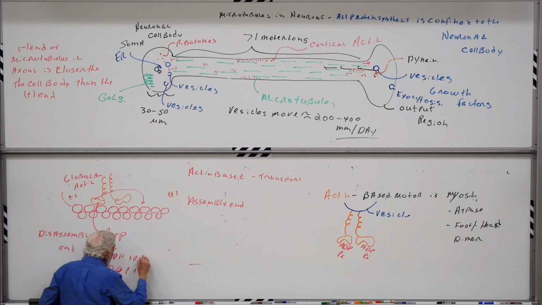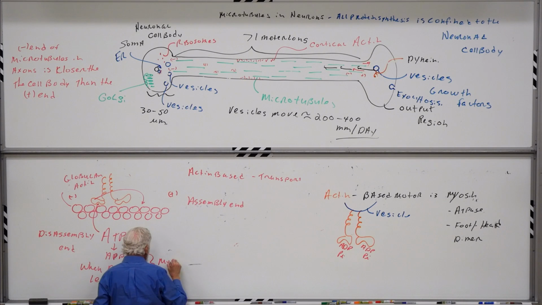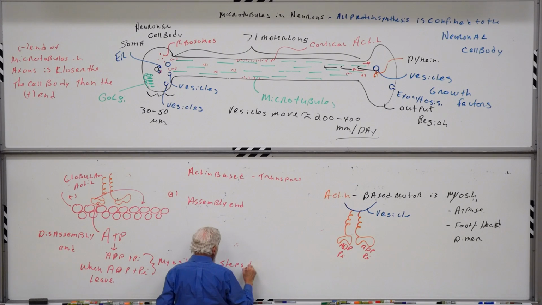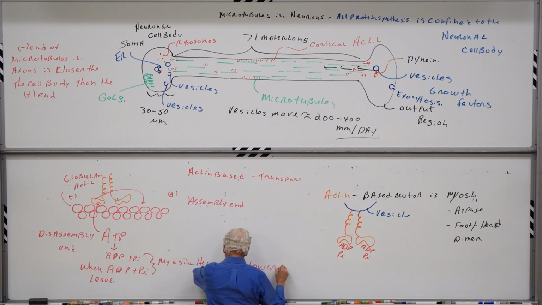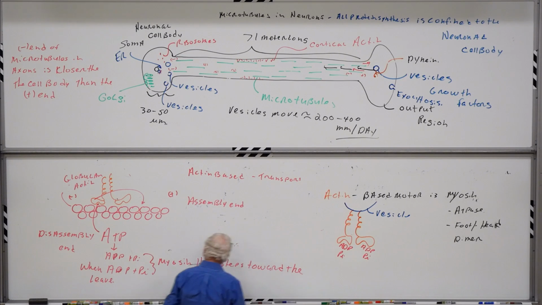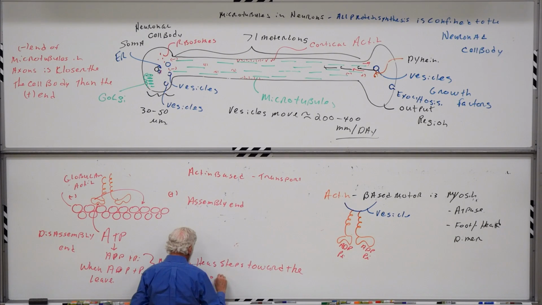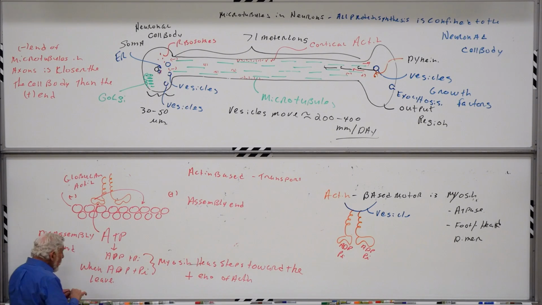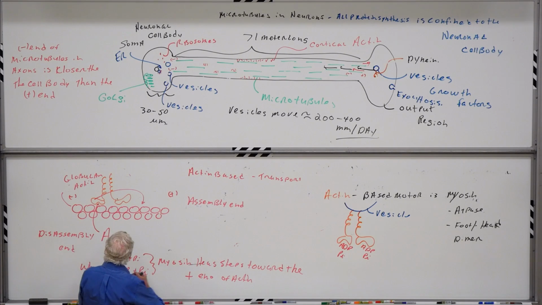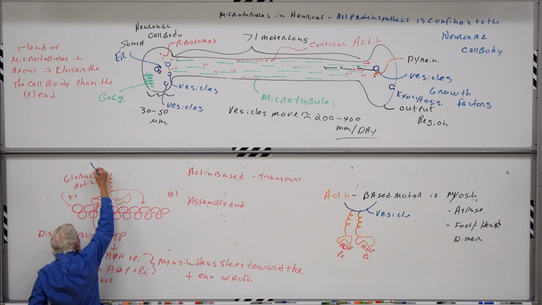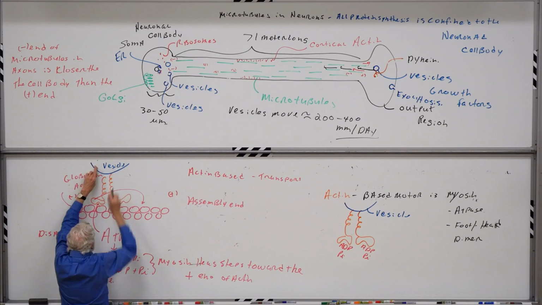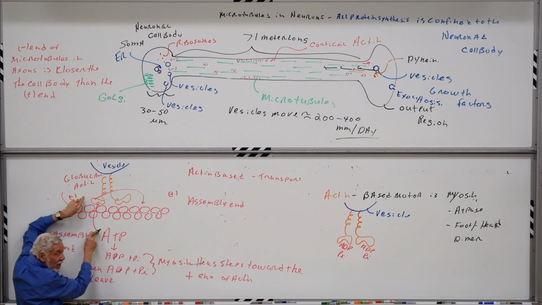So when ADP and Pi leave, the myosin head steps toward the plus end of actin. So now, as we saw before, if this non-actin binding region of the molecule is bound to a vesicle, we can now use the myosin as the motor and the actin as the substrate or the road.